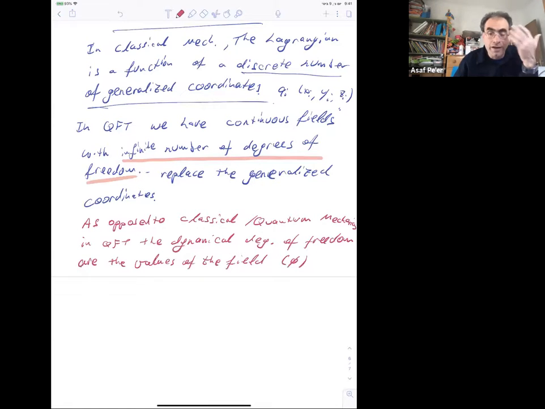There can be many fields, or E or B or whatever you want, at every point.